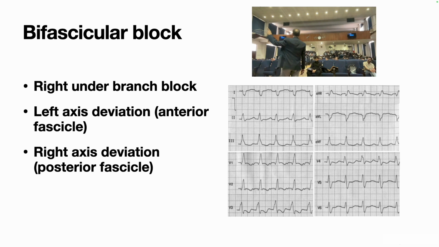Lead 1 upward is left axis, downwards is right axis. So this is bifascicular block, right bundle branch block plus posterior fascicular block. The posterior fascicle is blocked. Anterior fascicle block produces left axis deviation, so here there is right axis deviation. This is V1.